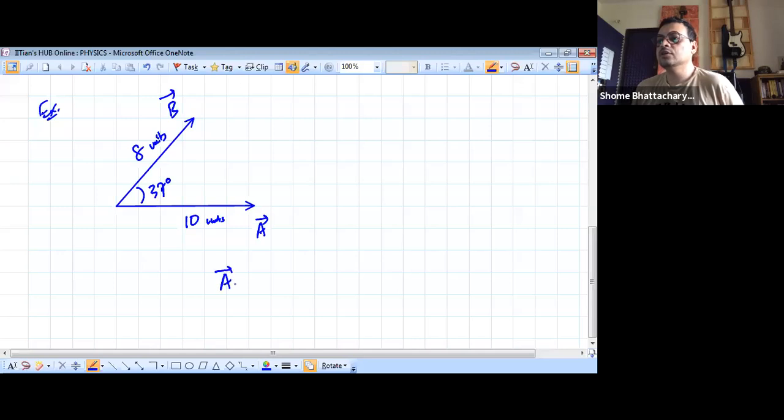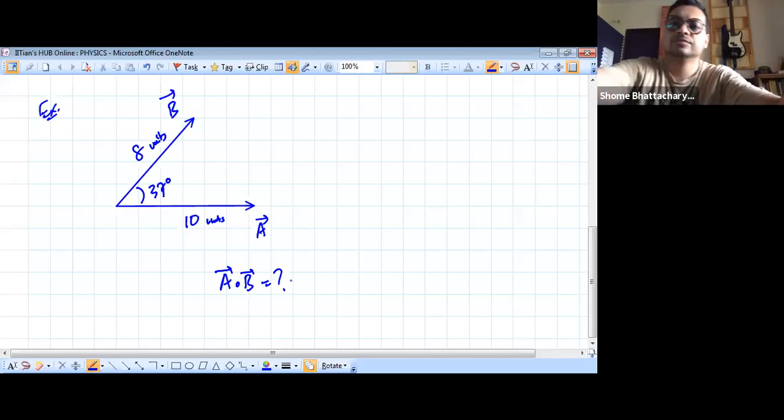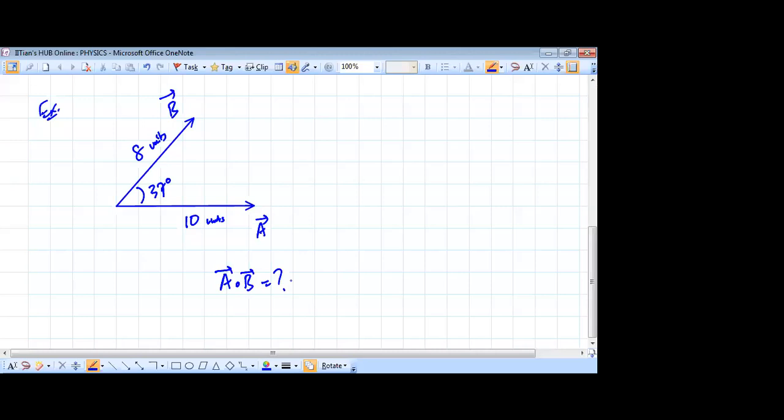Then what is A dot B? Just work this out quickly and tell me how much A dot B will be. Just apply the definition of A dot B and work out the value.